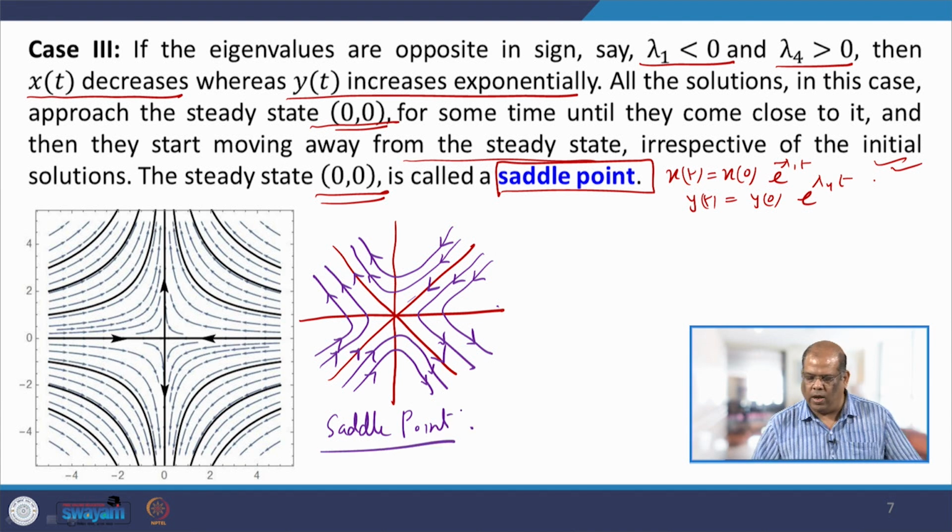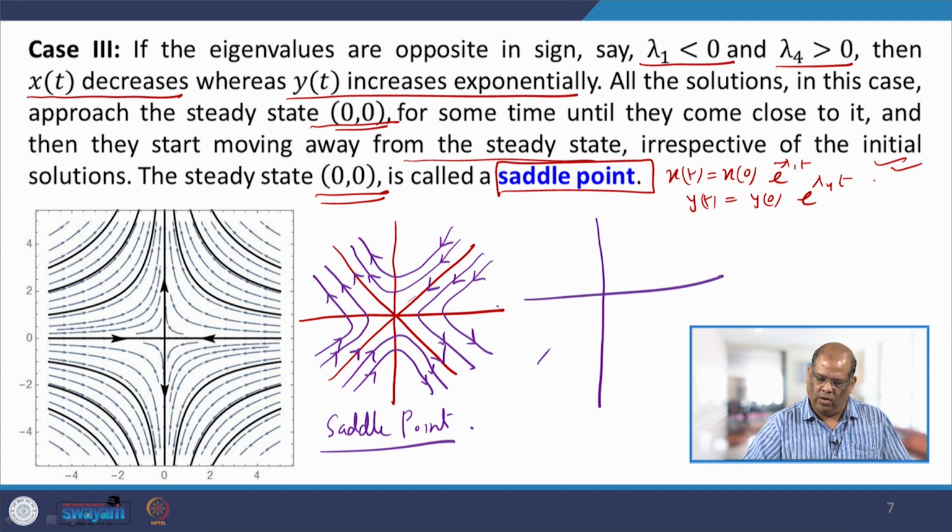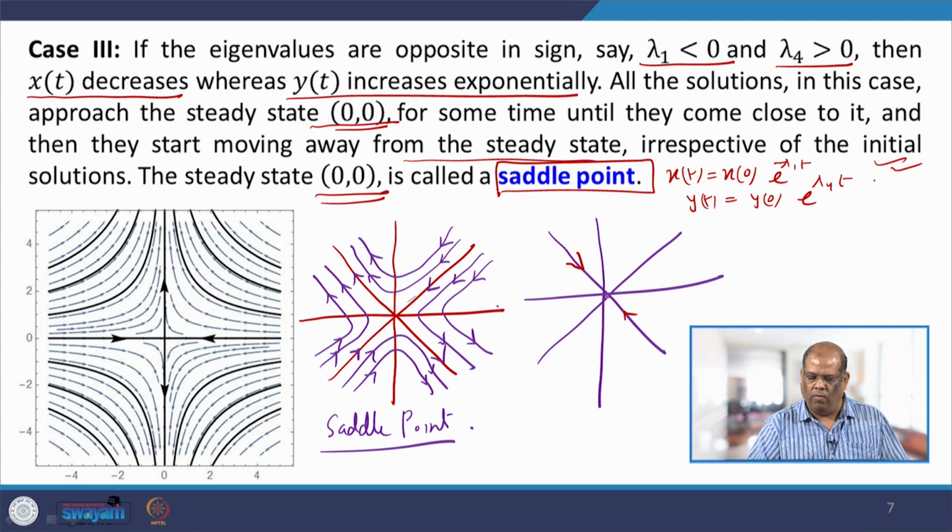Let me draw this one more time. First you draw the axis and two straight lines passing through the origin. Then take one line where the arrow moves towards the origin, and another line where the arrow moves away from the origin. Once you get these four arrows, you see that from this side it is moving to this side, so the arrow is like this.